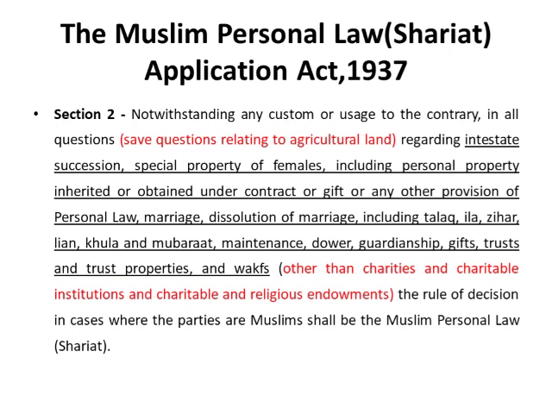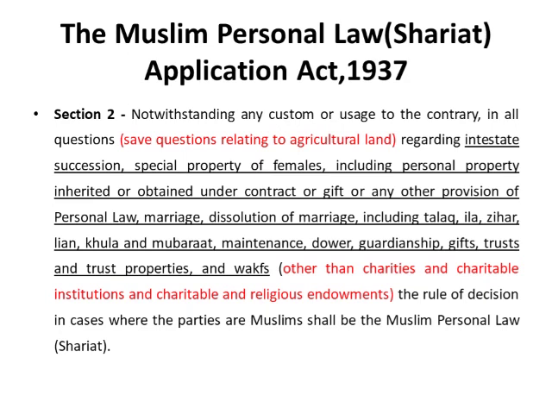So here I have underlined those matters in respect of which the court will apply the Muslim personal law. That is, the first matter is intestate succession, that is inheritance. Second, special property of the females.